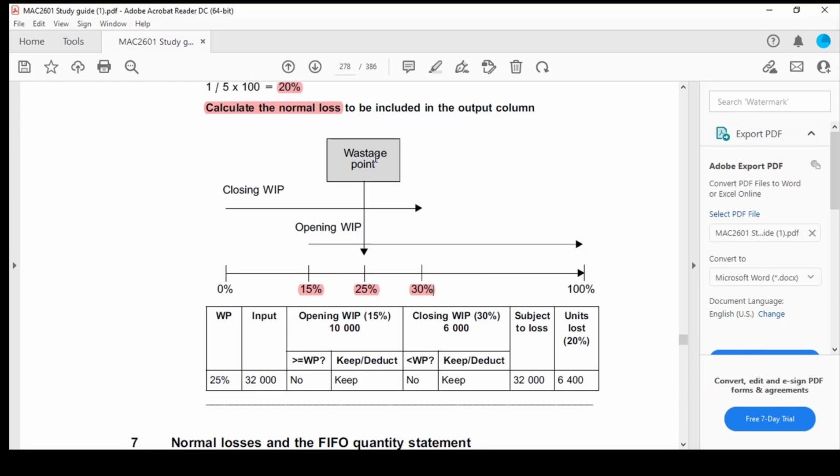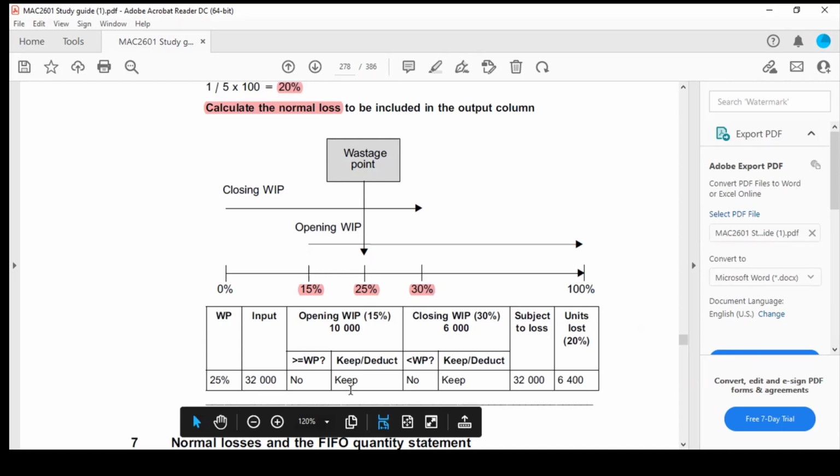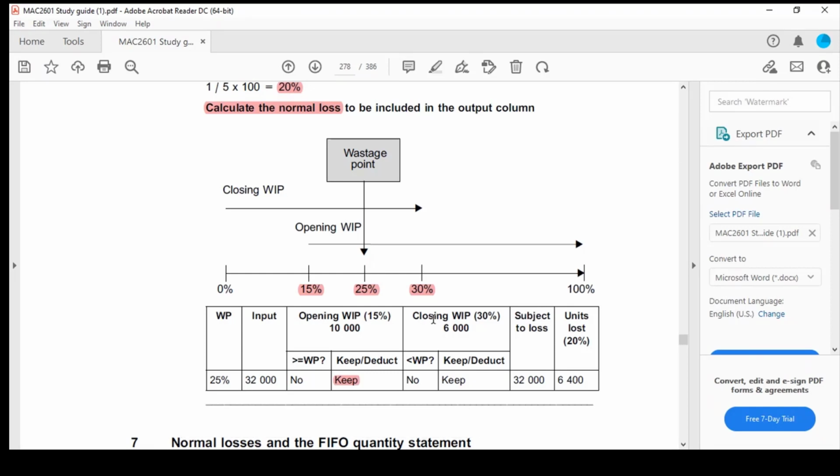Same story in terms of your rules. Was my opening WIP before or after the wastage point? In this instance, it was before. So as a result, it has to be subject to this loss. I keep it. My closing WIP, was it before or after this wastage point?